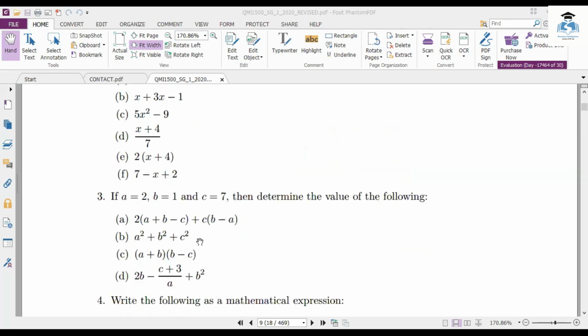Okay. This one, someone to contribute on B: A squared plus B squared plus C squared.